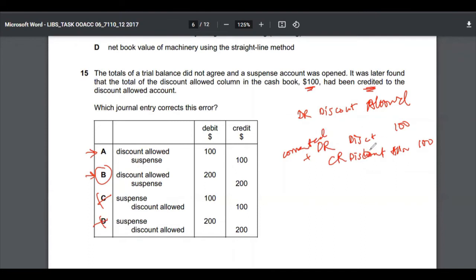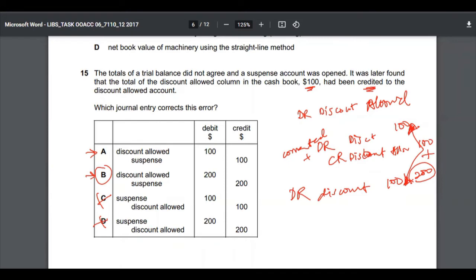So the company needs to debit discount allowed for the second time for $100, and this will add up to $200. That's basically the rationale behind it. So the correct answer to multiple choice 15 is option B.